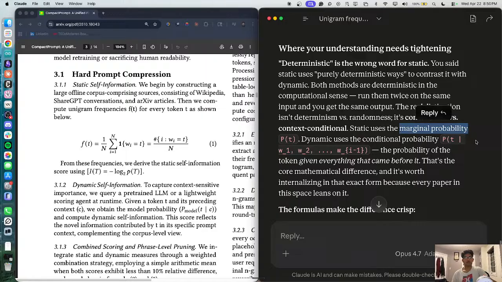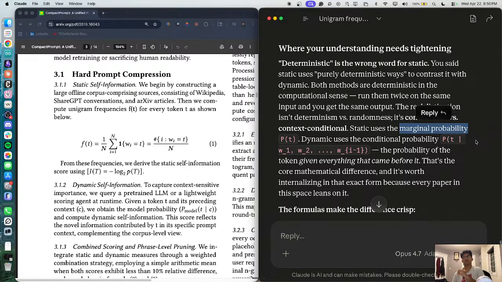And this means that you will have lower accuracy, because there might be times where a token might traditionally have been low-level information, but because of the context or the words it's surrounded by, it's actually very important. So it shouldn't really be removed. It's not worth it to remove it.